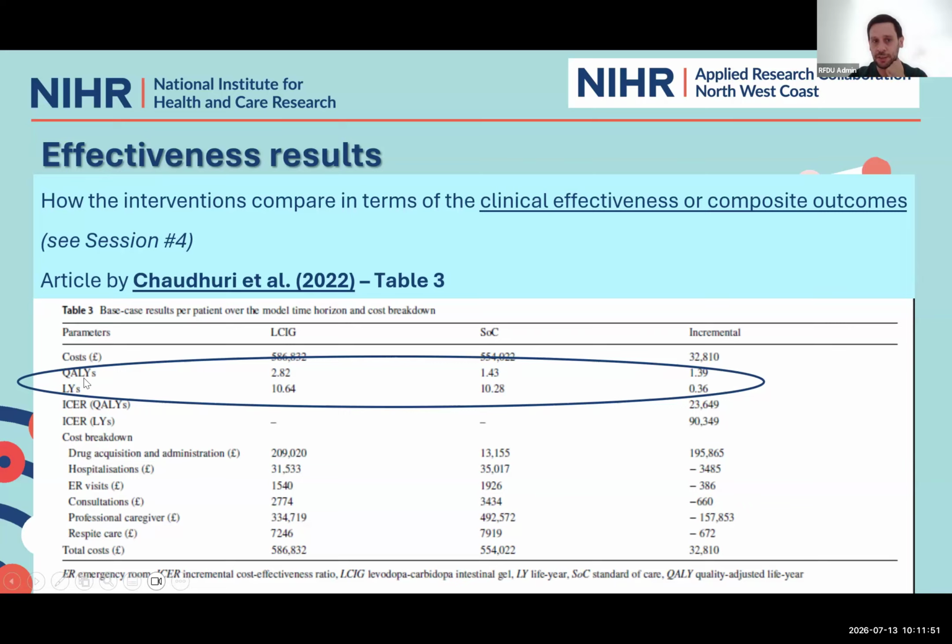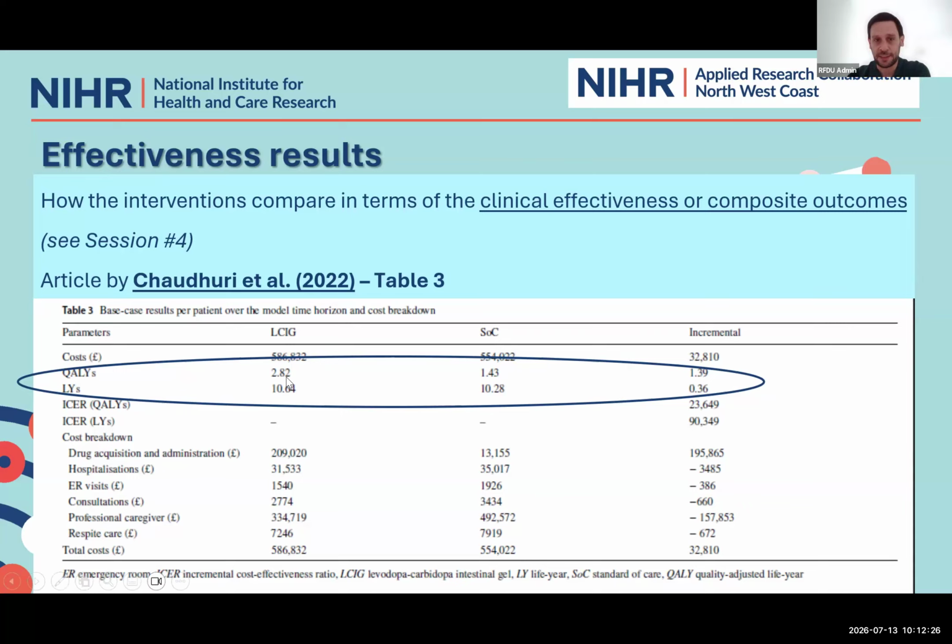We saw the QALYs quite in depth last time in session 4 with Misael. We talked briefly about life years, which is another way to measure clinical effectiveness. In particular, we're going to look at the results now for the LCIG group and for the standard of care group. LCIG means levodopa carbidopa intestinal gel, which is the treatment the authors were investigating in this particular advanced Parkinson's disease study.